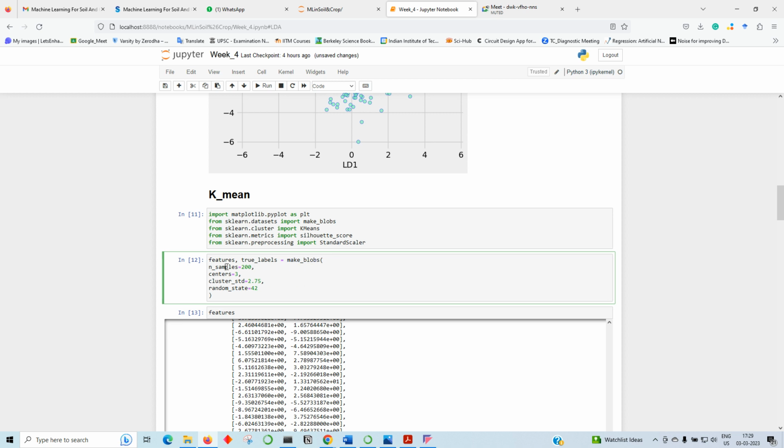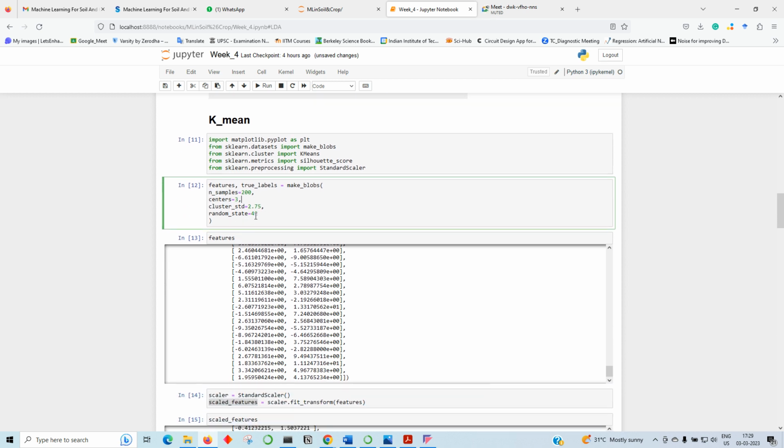We use make_blobs, so we get 200 data points, 200 observations, and then three classes, three centers, a standard deviation, and random state 42. If I run this without this random state, every time I am going to get a different set of data, but I want to compare the accuracy of my model when I change some parameters.